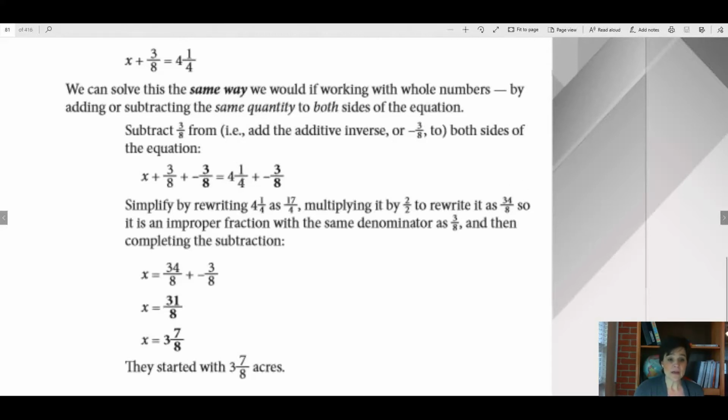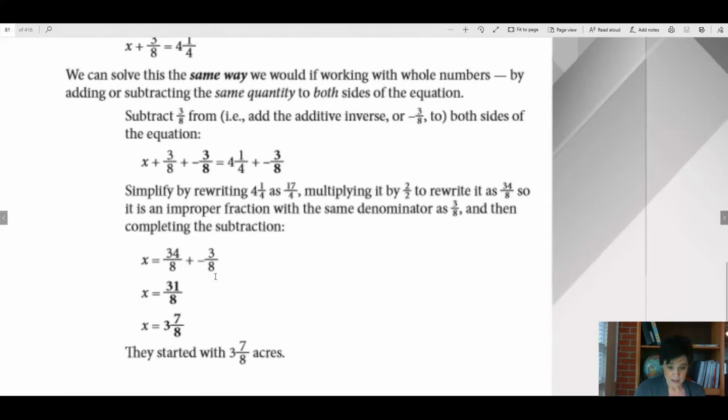So we're left with 34/8 plus negative 3/8. So you remember what you do when you add a negative. Basically, that means you're going to get a positive, especially if your other one's bigger.